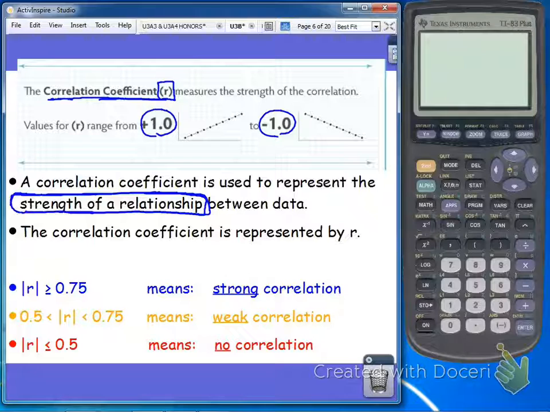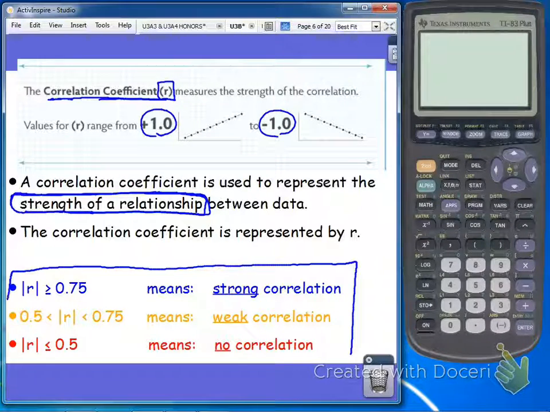Okay? Now, this right here is crucial for you to know. We're going to use this in every single problem that we do in this lesson. R values range from -1 to +1, and check this out.